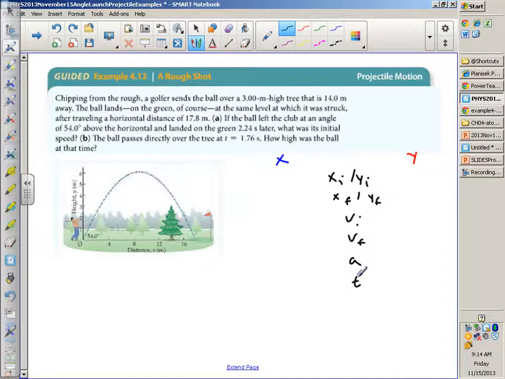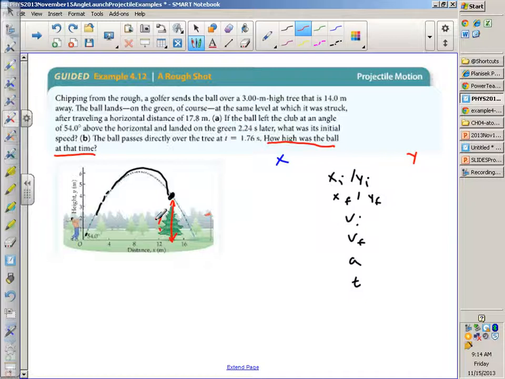If it's asking you how high the ball was at that time, the ball goes up like this, and now it's right here, that point of its flight. And it wants to know how high that ball is at that moment in time.